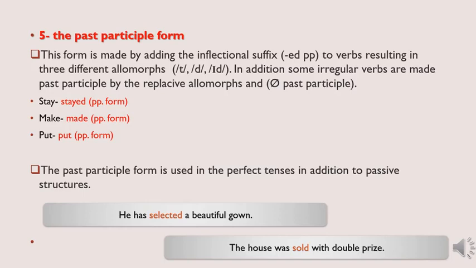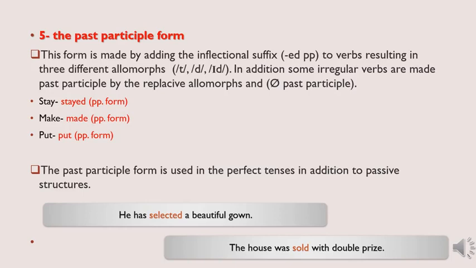The past participle form is used in the perfect tenses and in the passive structures. So we can find the past participle form in these two types of sentences: perfect tenses and passive structures. For example, he has selected a beautiful gown. Has selected. Here we have a present perfect tense.